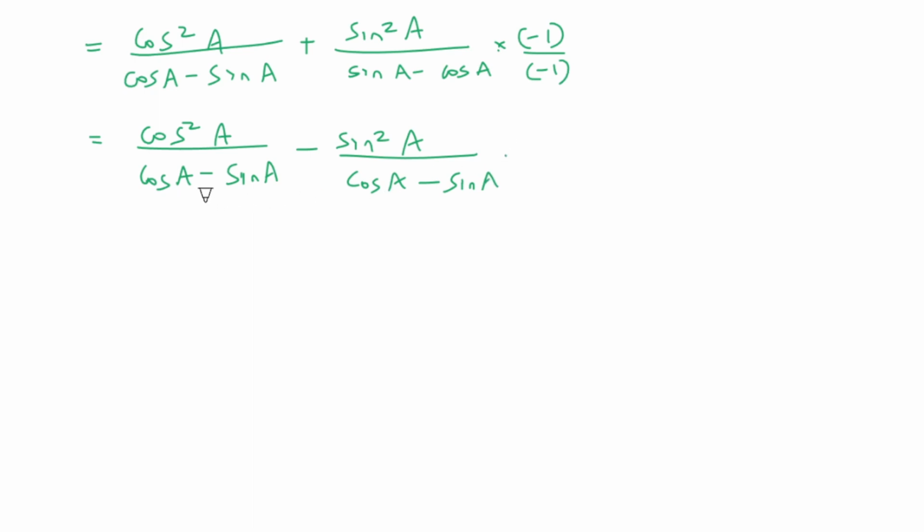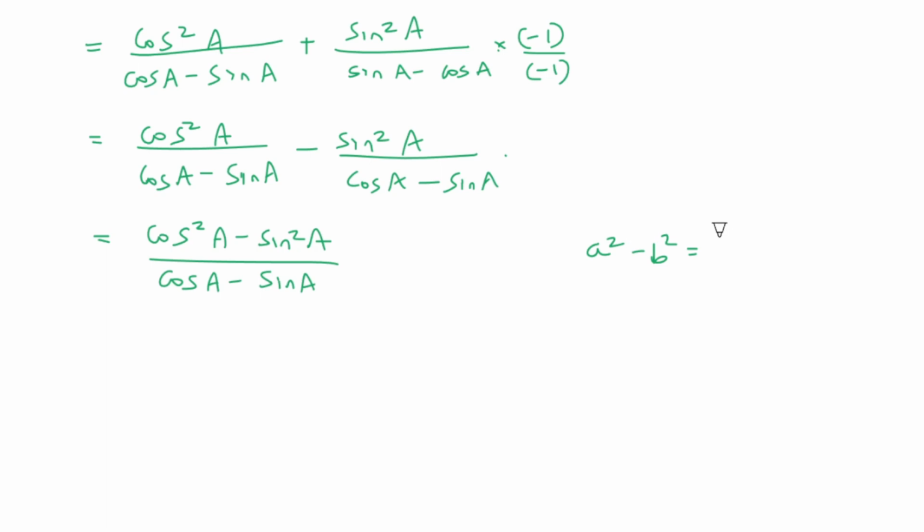Here we get the same denominator, so we can add or subtract the numerators. This becomes cos squared A minus sin squared A over cos A minus sin A. The numerator looks like an algebraic identity, A square minus B square. So let me write here, A square minus B square equals A minus B times A plus B. This is an algebraic identity.